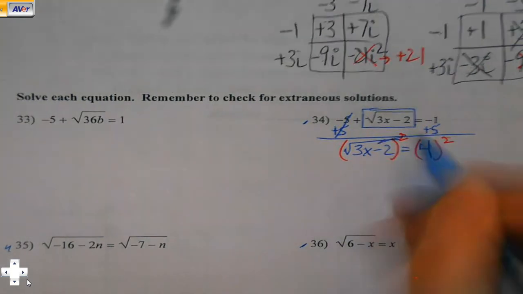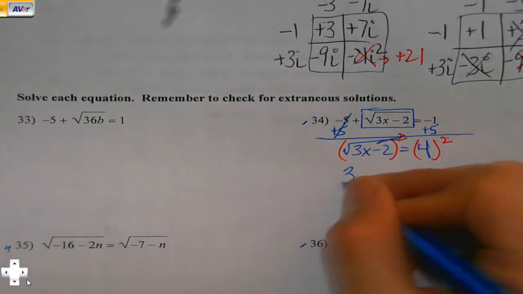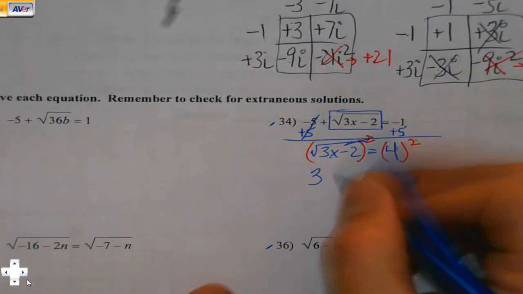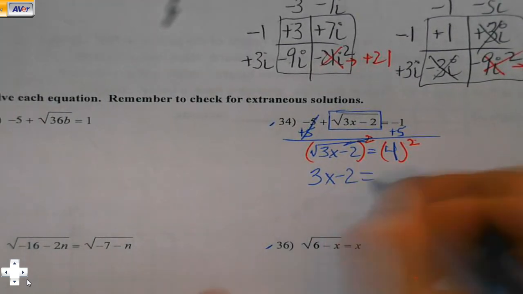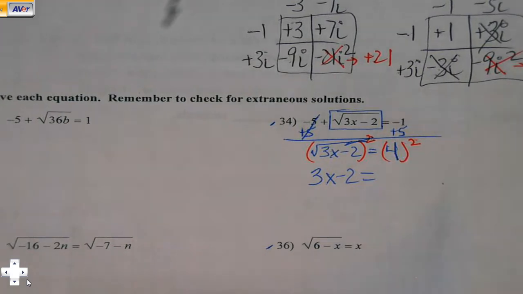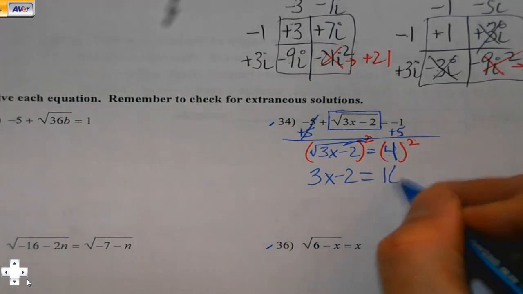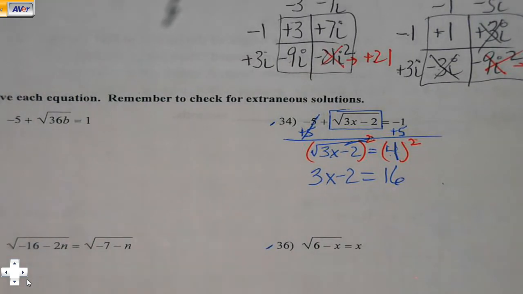On this side, the squared and the square root's going to cancel. But on this side, there is no radical. That isn't going to come out just 4. That's 4 squared. That's 4 times 4, or 16. And now I can start working through this.